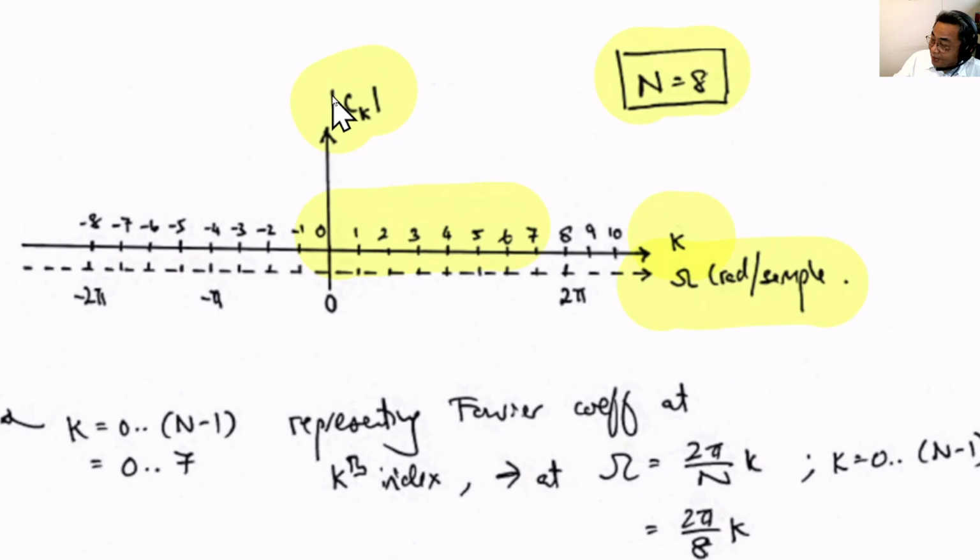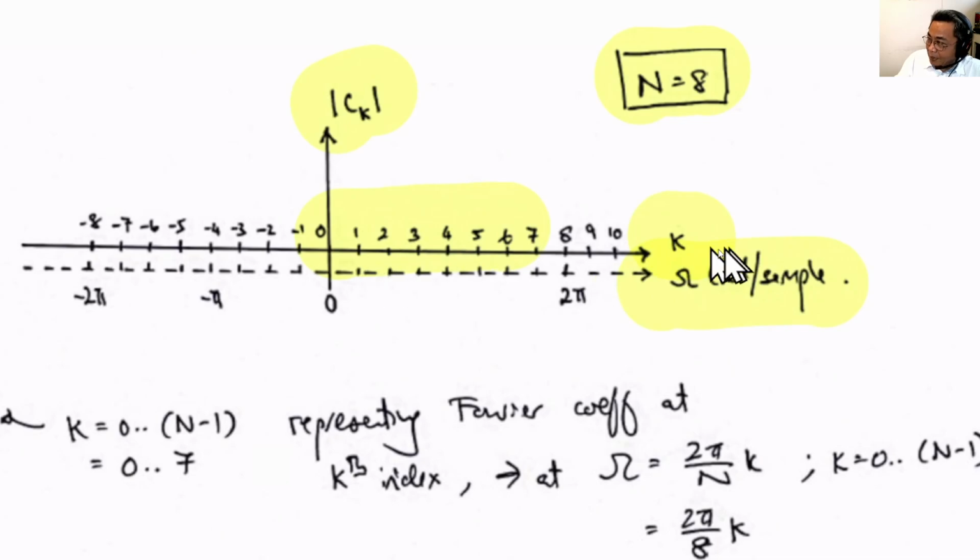What about c_8 and so on, and what about c_(-1) to c_(-8)? Later on, you see it's 2 pi periodic, so c_8 is the same value as c_0. c_9 is the same value as c_1.